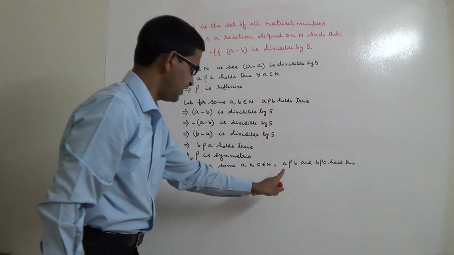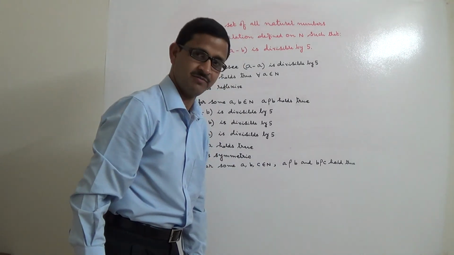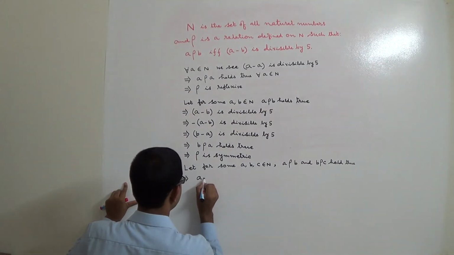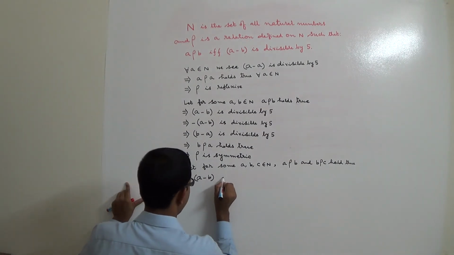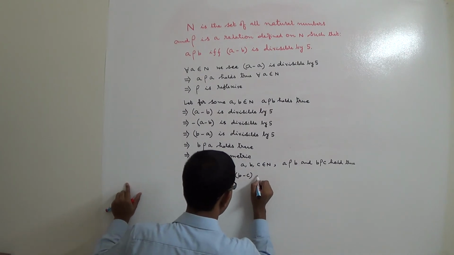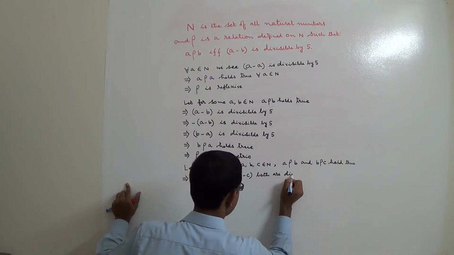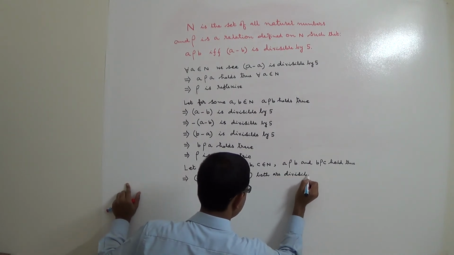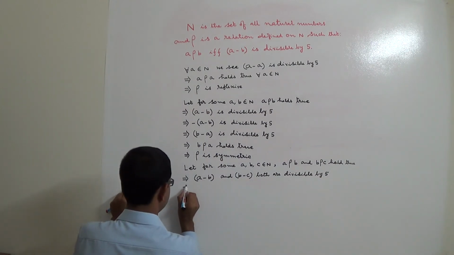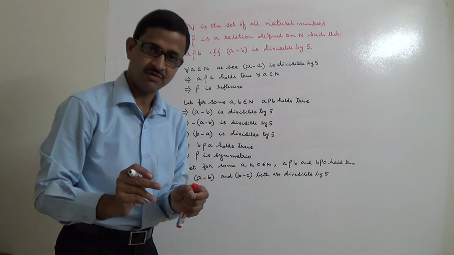That means A minus B is divisible by 5 and B minus C is also divisible by 5. That implies A minus B and B minus C both are divisible by 5.